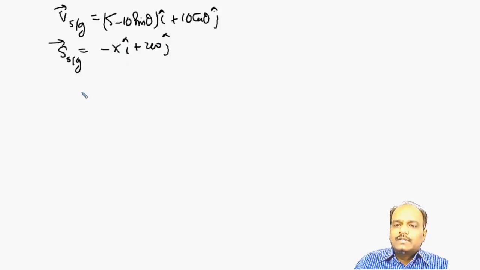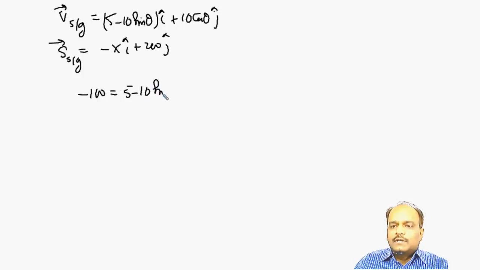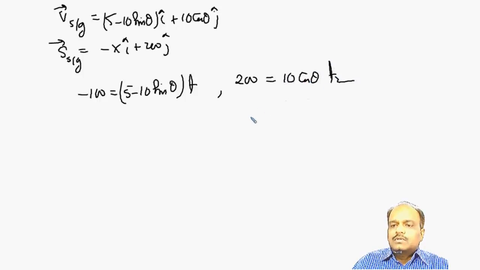Now from here, minus x we know is 100. So minus 100 is equal to the horizontal speed, 5 minus 10 sin theta, into t2, and the vertical displacement 200 is equal to the vertical speed, 10 cos theta, into t2. So from here we can say t2 is equal to 20 by cos theta.